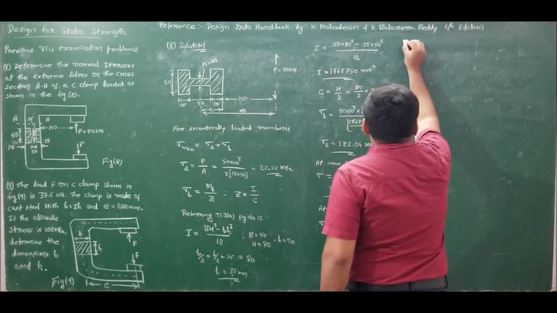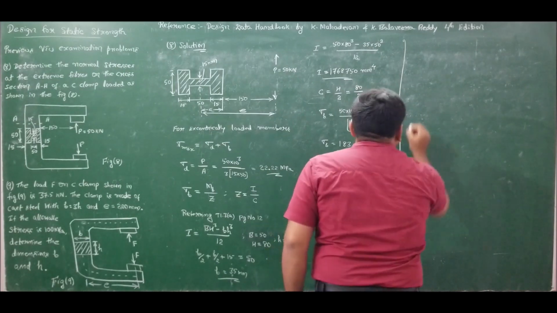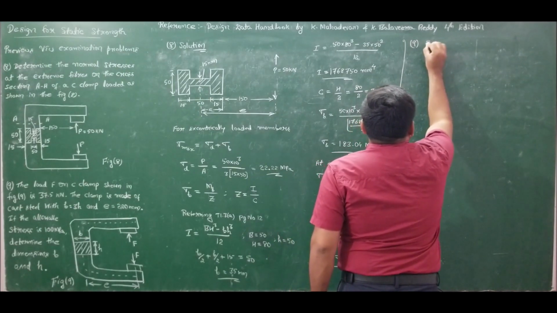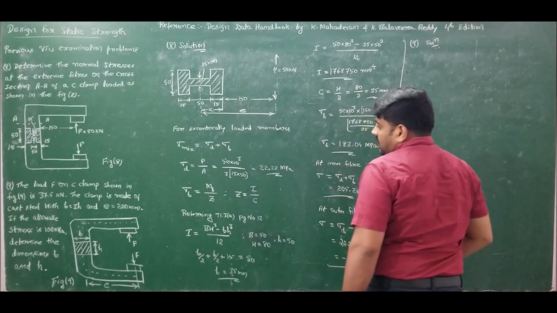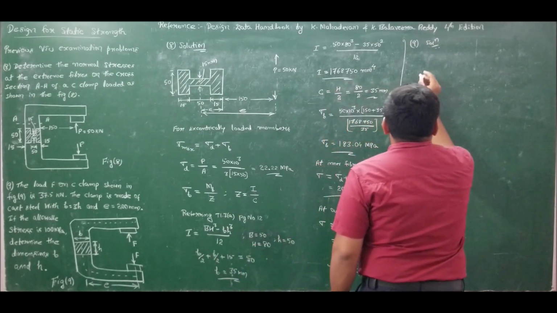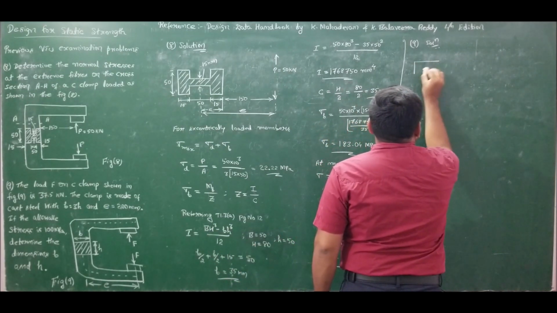If I move for solution of problem number 9, we have rectangular cross section given like this.